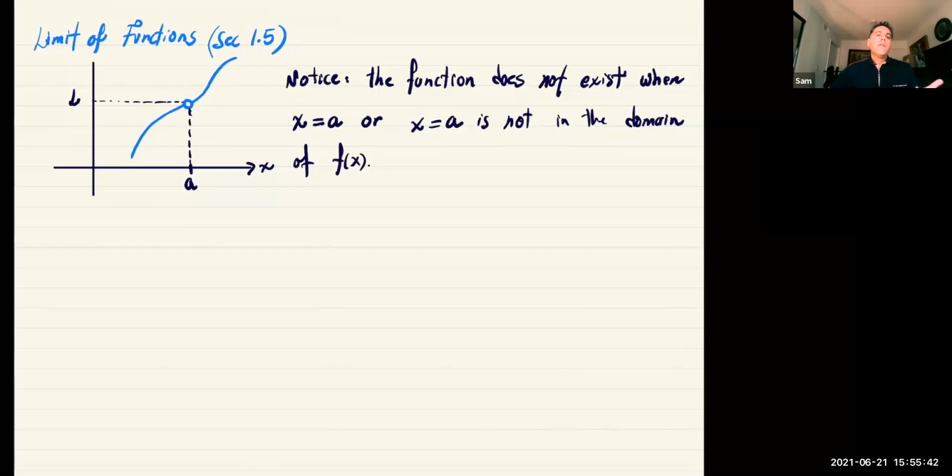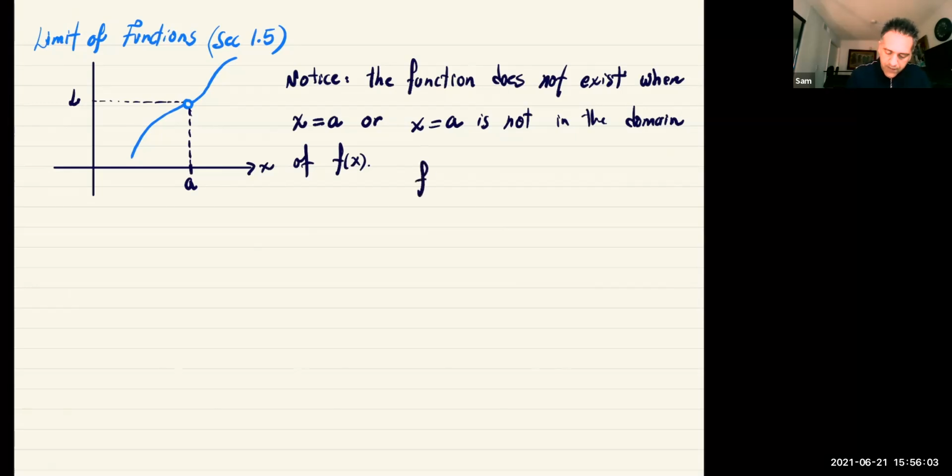So it would be wrong to say that f of a is equal to L. There is no y value for when you put a into the function.